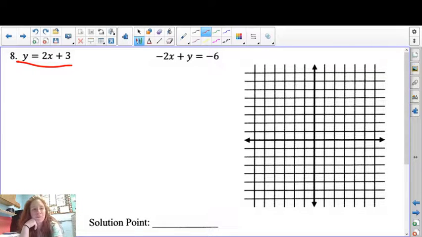Do I need to rewrite him? Nope. So start up at 3. Up 2 to the right 1. Up 2 to the right 1. Go back, start down 2 to the left 1. Down 2 to the left 1. And then connect your dots.